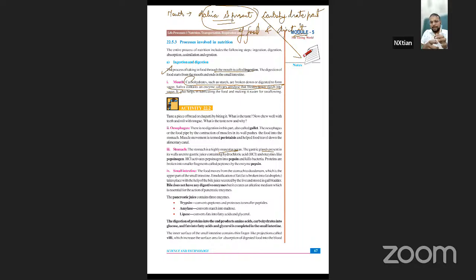So it will go like this. This rhythmic contraction and relaxation of the esophagus is called peristaltic movement. So through peristaltic movement, or peristalsis, the food goes from the mouth to the stomach.